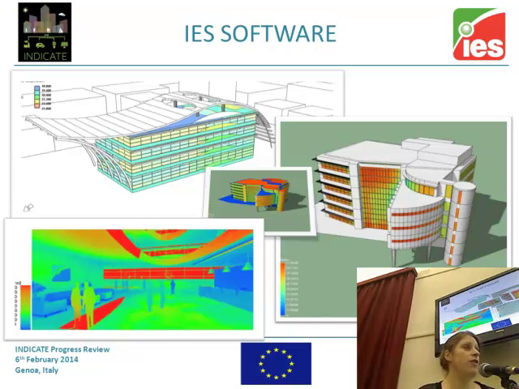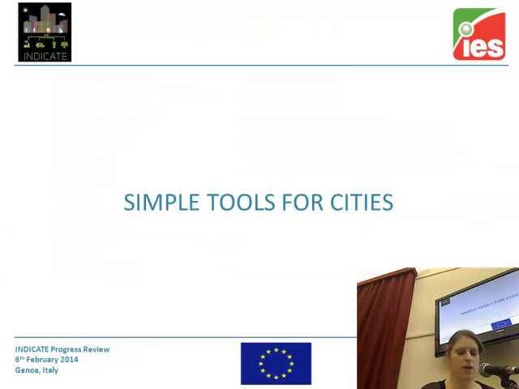So it does an awful lot more than this, but I don't want to focus too much today on the actual building software, because we're here today to talk more about what we're developing for Indicate from the city software.